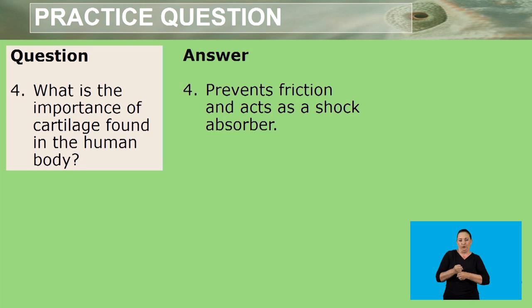So we have learned that we find cartilage in our nose, in our ears, and at the end of every bone, and it prevents friction because it's found at the end of every bone. And as a shock absorber, we will find it in our vertebral column. It is found as vertebral discs, and that helps prevent shock when we are moving around.